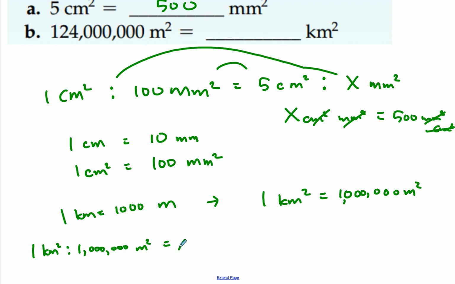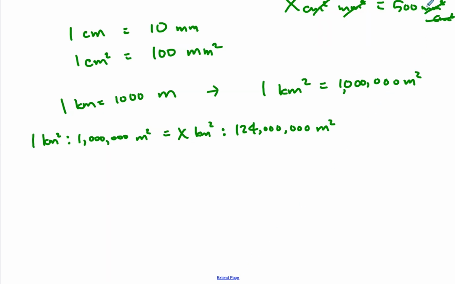So we don't know how many square kilometer it is. We are given 124 million meter squared. You can ignore the units if you have the same order of square kilometer first and square meter next, because it will be cancelled out.